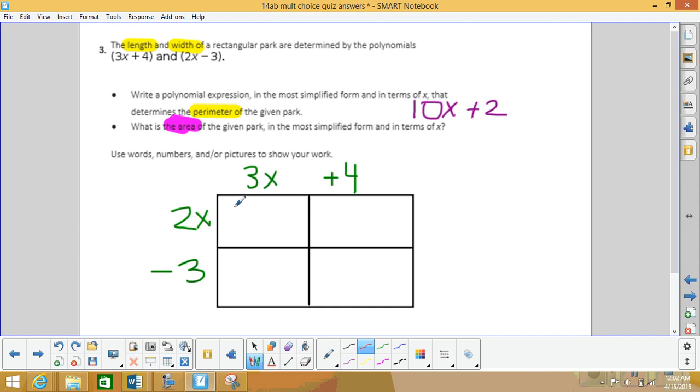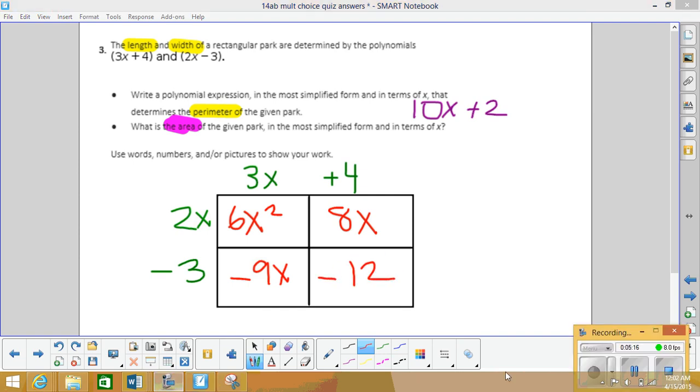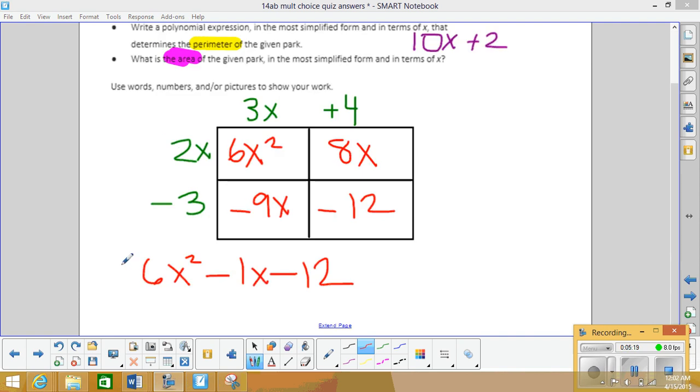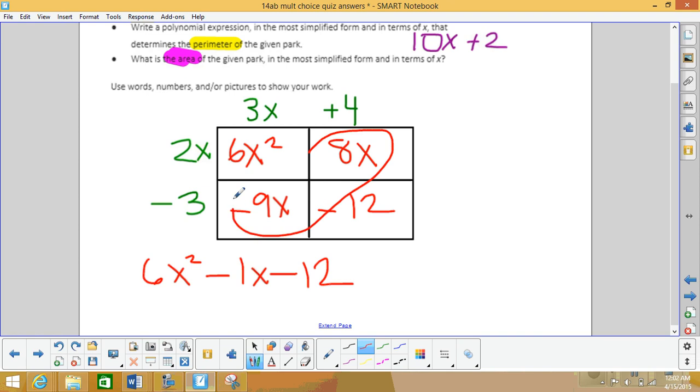So 3x times 2x makes 6x squared. 4 times 2x makes 8x. 3x times negative 3 makes negative 9x. And 4 times negative 3 makes negative 12. Okay? When you simplify this, the answer you get is 6x squared minus 1x minus 12. Again, we've just simplified these terms here that are alike because they both have an x. So those are the answers we were looking for in problem number 3.